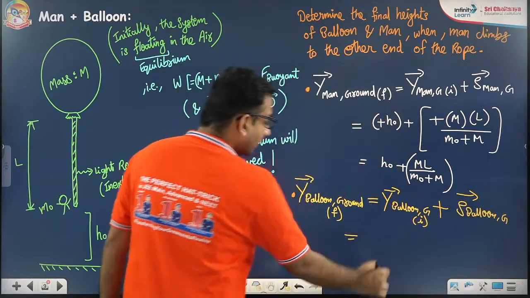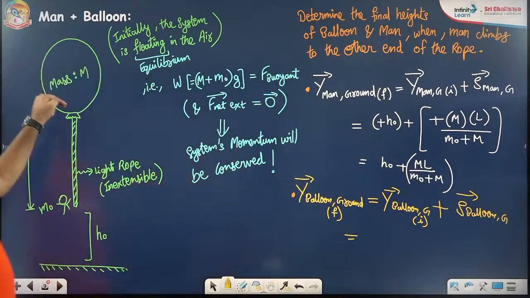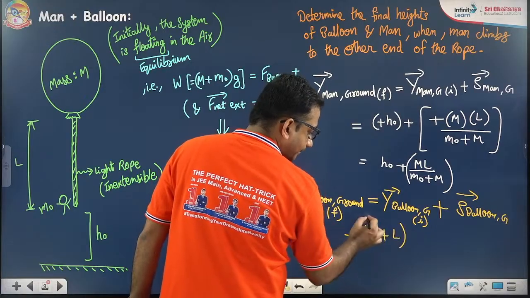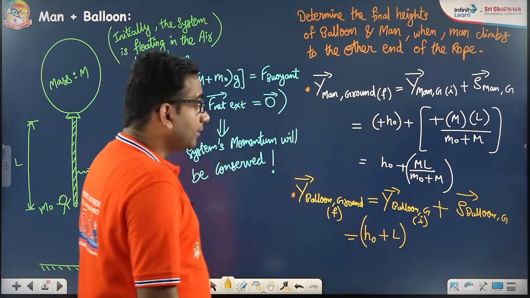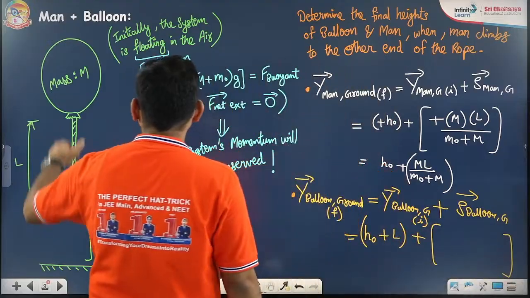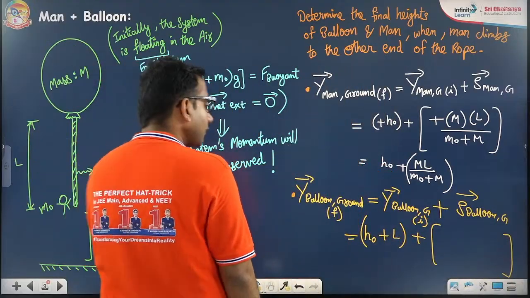Now initially the balloon's height is h naught plus L. Okay, h naught plus L plus, now if the man is climbing up, naturally the balloon will be going down.